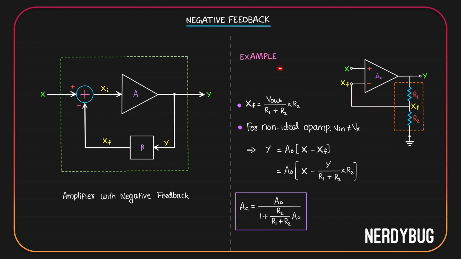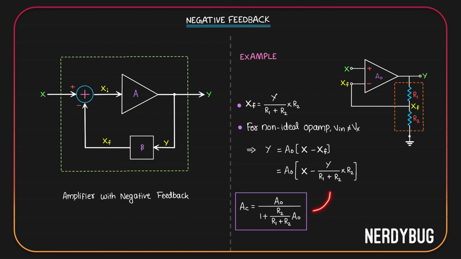Now, if you replace Vout in this equation with Y, you can see XF is R2 divided by R1 plus R2 multiplied by Y. Output of the feedback network is R2 divided by R1 plus R2 multiplied by the input, which means R2 divided by R1 plus R2 is the gain of the feedback network, which we denote as beta, and we have already named it the feedback factor.